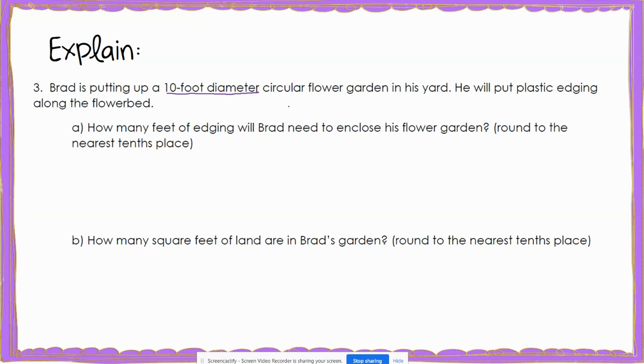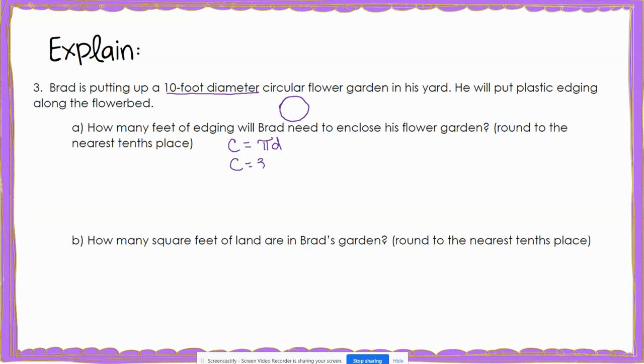If Brad is putting edging around the flower bed, that means it's going all the way around the outside. So if I'm going all the way around the outside of a circle, would that be measured using area or circumference? Since circumference is the distance around a circle, that is what we're going to use for this. So we're going to use the formula for circumference, which is C equals pi times diameter.